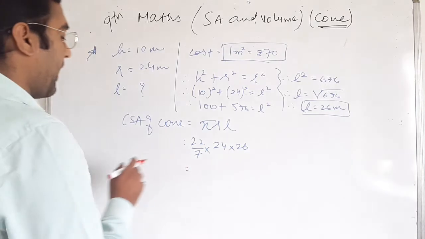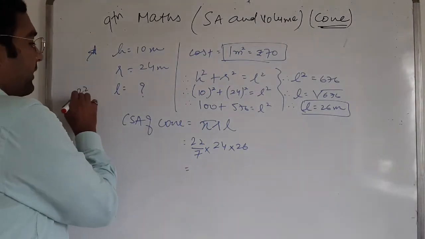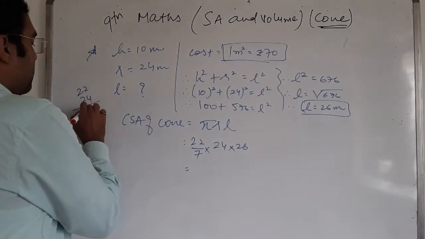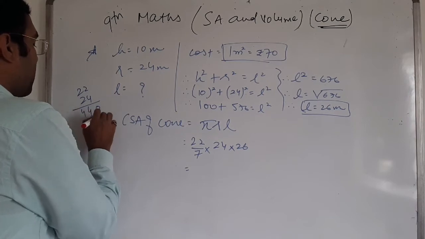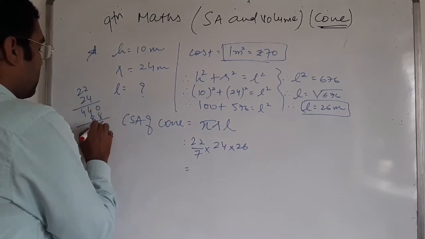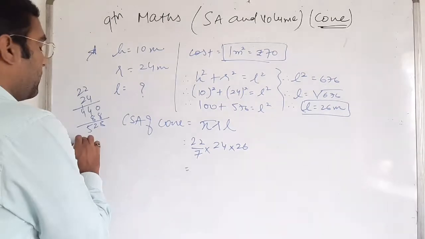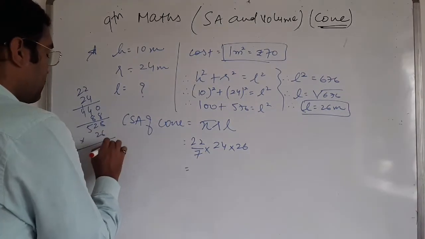Done. Now I'll calculate that. 22 times 24 is 528, into 26.